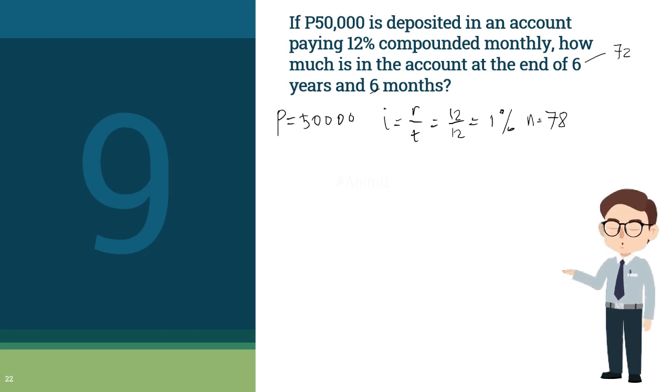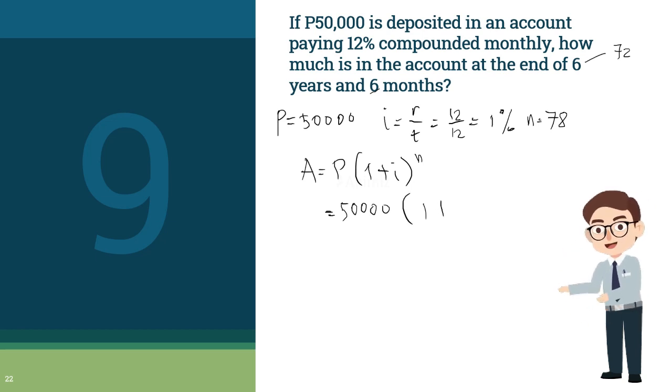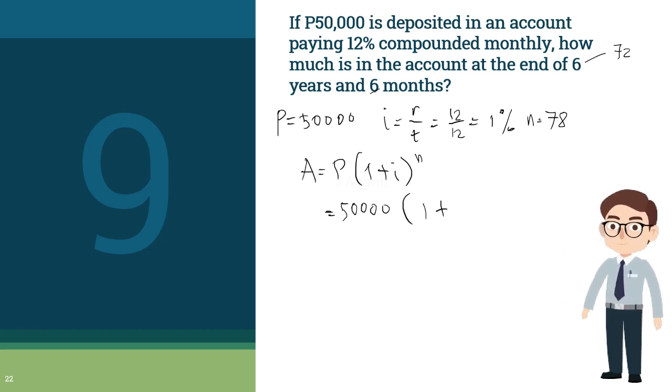So let's have now our formula. A is equal to P multiplied by 1 plus I raised to N. Our P is 50,000 multiplied by 1 plus our I, converted to decimal, that is 0.01, raised to 78.